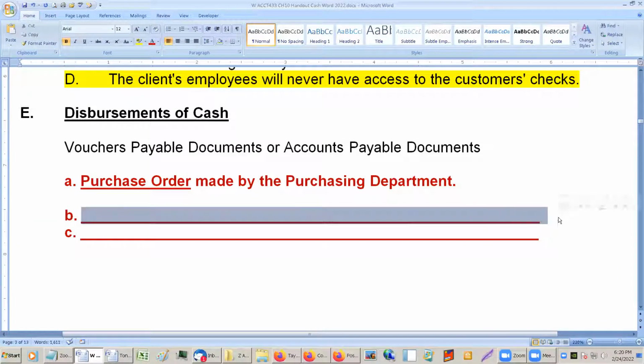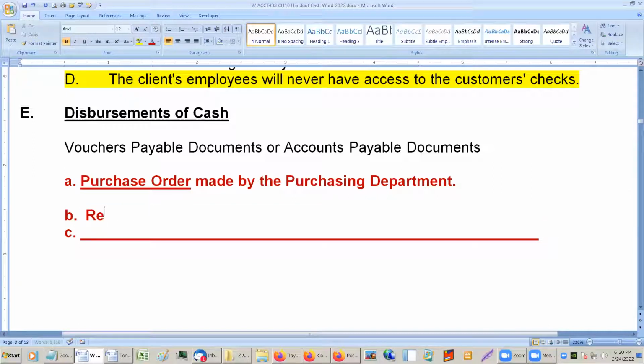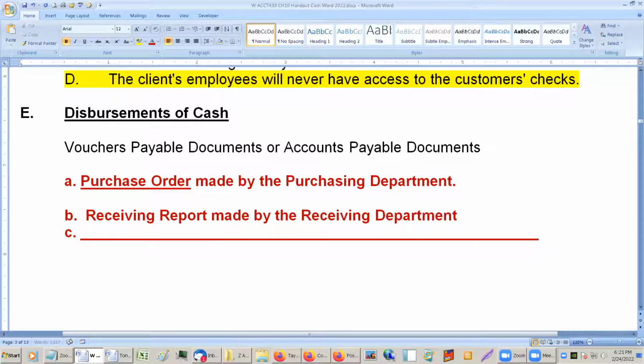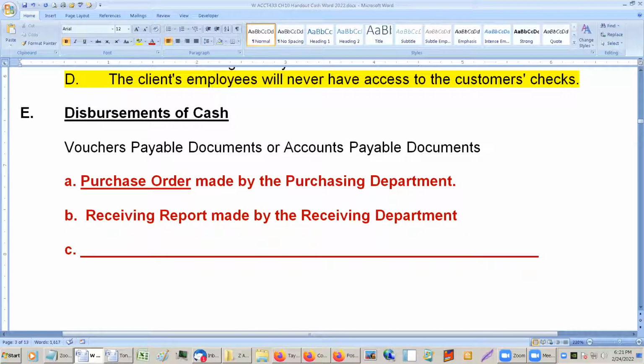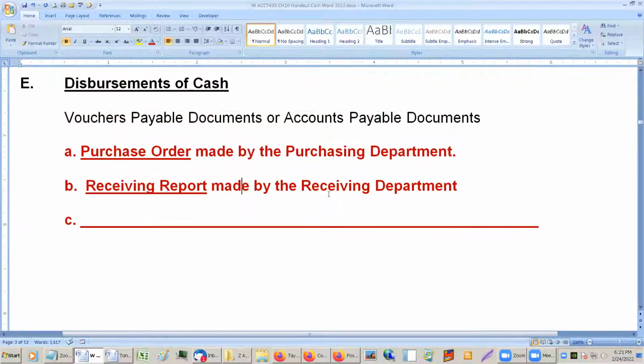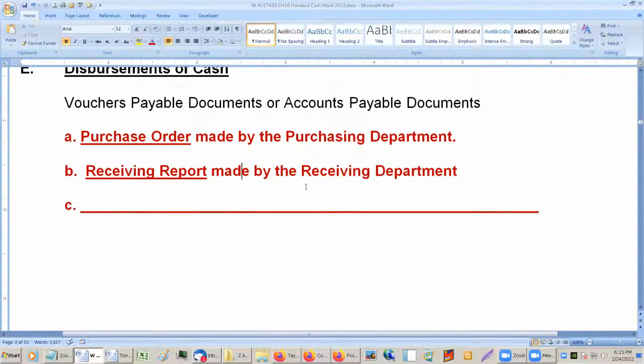The second document is a receiving report made by the receiving department.